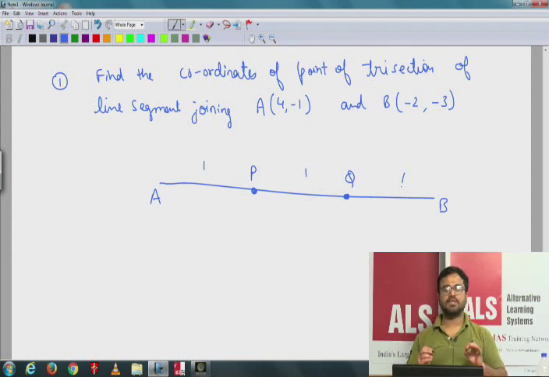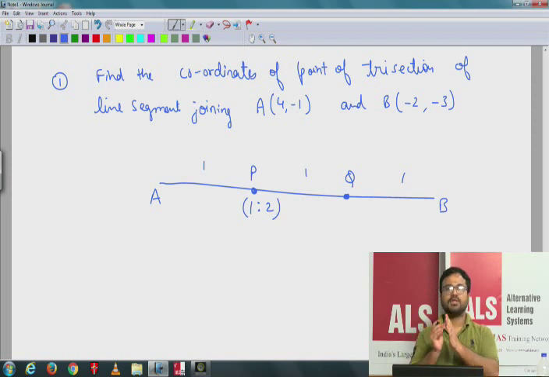If you are considering point P, P alone is dividing the complete line segment into 1:2, one part on the left side and 2 parts on the right side. So for P, it is dividing the line in the ratio of 1:2, right?